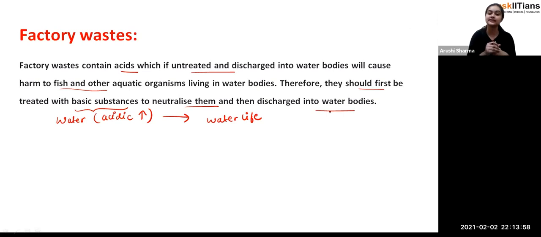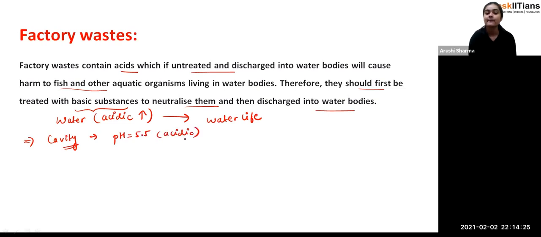Whenever we eat more sugar, like chocolates or toffees, that sugar converts into acid. In the buccal cavity the pH is already 5.5, which means it is acidic in nature.